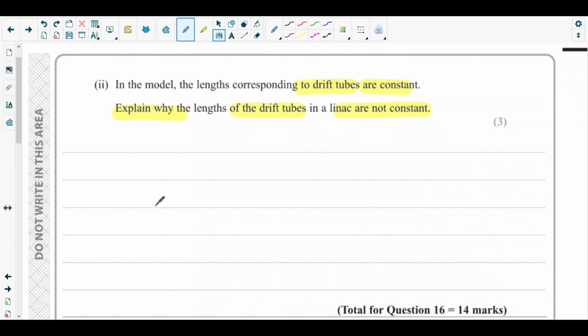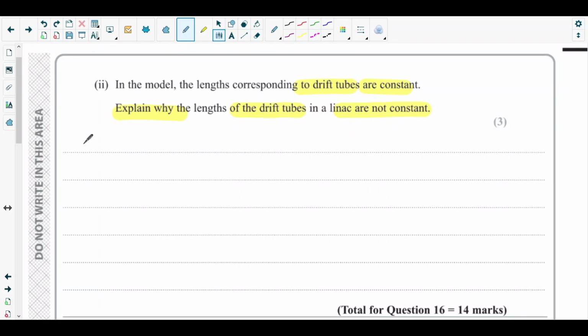Therefore in the next successive drift tubes it will travel with higher speed, with faster speed, and therefore the length of the drift tube should get increased, because the supplied PD to the drift tubes has a constant frequency, that is it has a constant time period. So that's why the accelerated particle should elapse the same amount of time in between each drift tube.